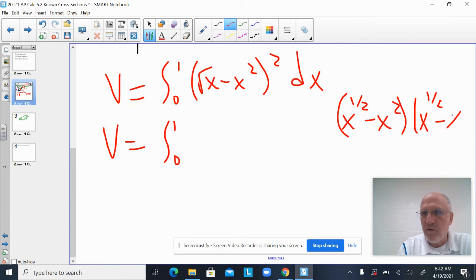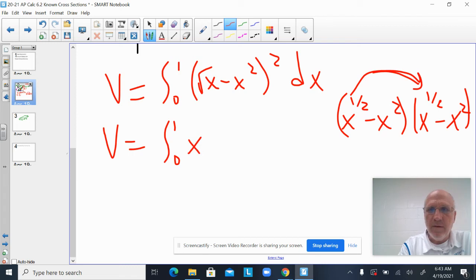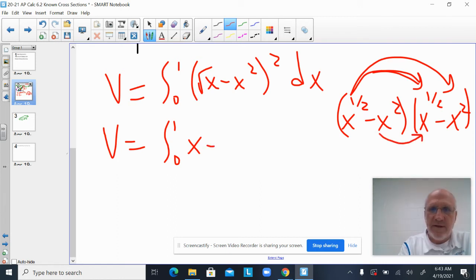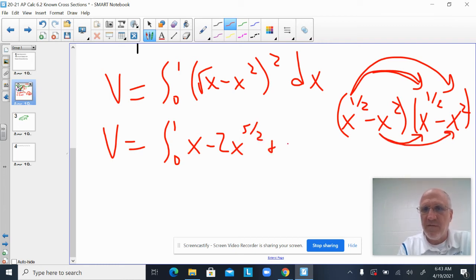And if you can write that part in your head and then just start using the distributive property, that's fine. So if I distribute that, I get that this first part of the distribution is just x, and the next one is I add exponents. That's minus x to the 5 halves, and this is again minus x to the 5 halves. That's minus 2x to the 5 halves, and then my last part of the distributive property is plus x to the 4th.